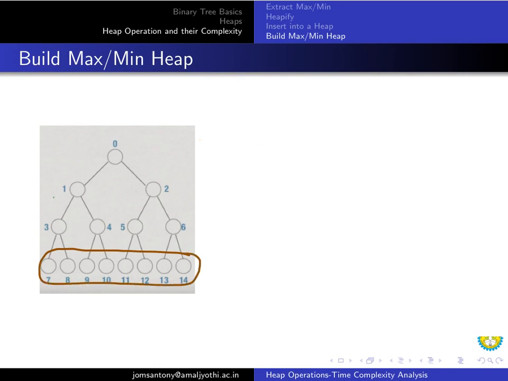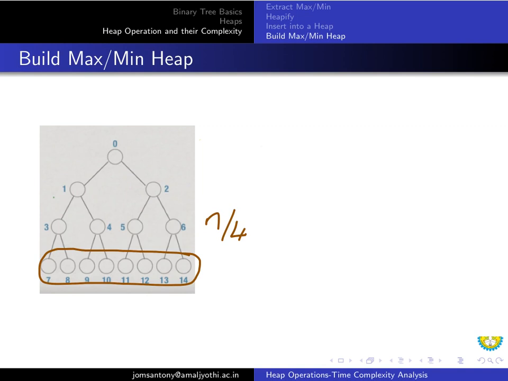We want to check with these n by 4 nodes if they are in the correct position, and if they are not, we want to make a comparison and a swap. So at the max, as there are n by 4 nodes, you need to do only n by 4 comparisons and swapping.